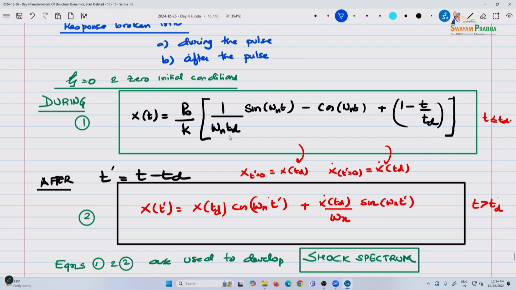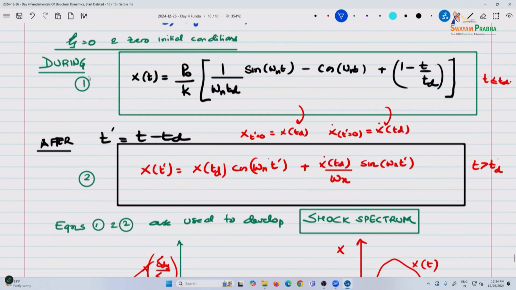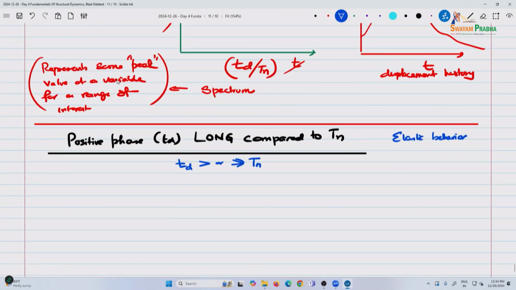You have a Td, you have a Tn, plot this curve, find x max, you know x static, you get 1 point. Like that, plot for 20-30 points, you will get a spectrum, right. Now it is nice to see it in a graphical sense. Do not ask me what x and y, it represents multiple things, load and response.